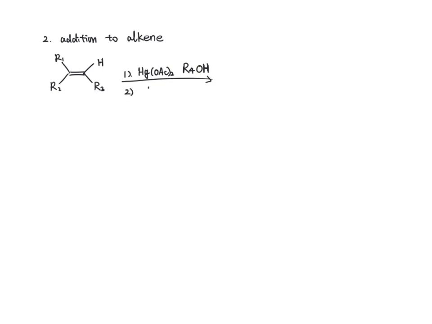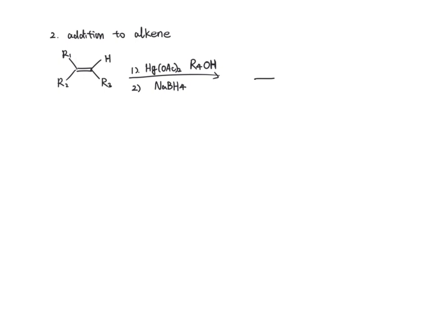And in the second step, we use sodium borohydride, which is a great reducing agent. What we will have here is we will add the OR4 at the more substituted carbon, and we'll leave R3 alone.